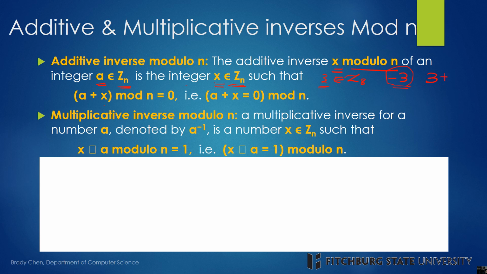So what's the inverse of 3 modulo 8? It's 3 plus 5 mod 8, and that's 0, right? 3 plus 5 is 8, and 8 mod 8 is 0. So that means 5 is the inverse modulo 8 of 3.